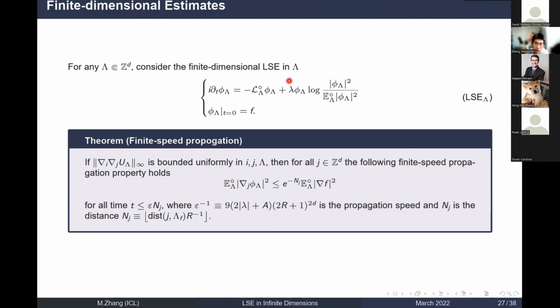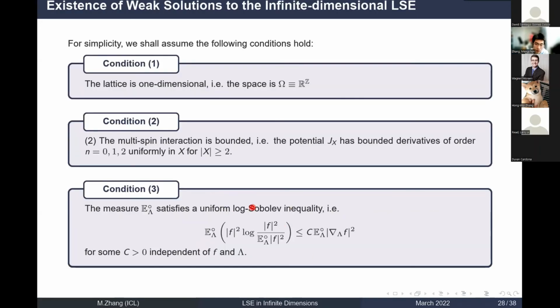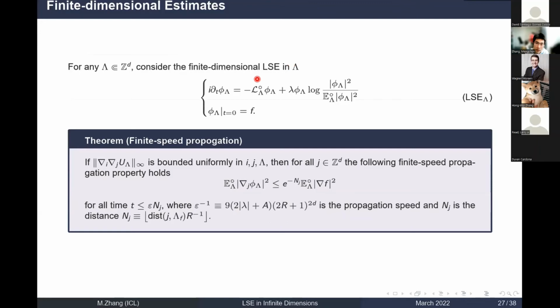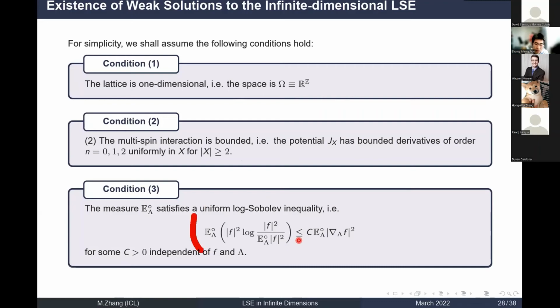If you multiply by the conjugate of phi lambda on the left-hand side, then you basically recover this entropy term. Therefore, if E lambda satisfies this log-Sobolev inequality, then you can bound this nonlinear term by the gradient of phi. But we know that the gradient of phi satisfies some time-dependent bound. Therefore, you can bound the nonlinearity. So this is why this inequality is important in this case.